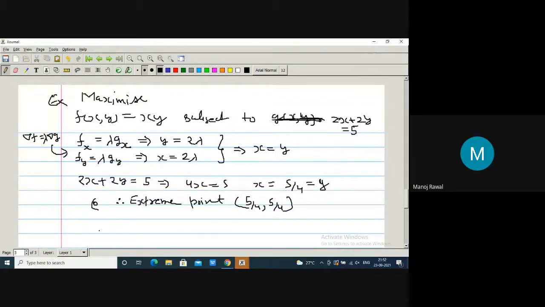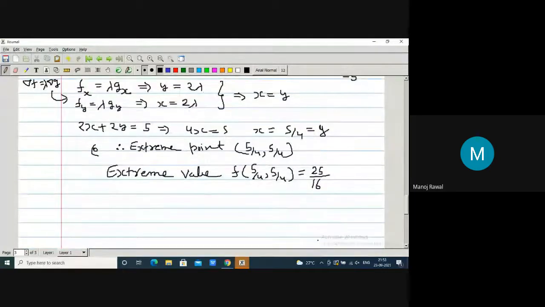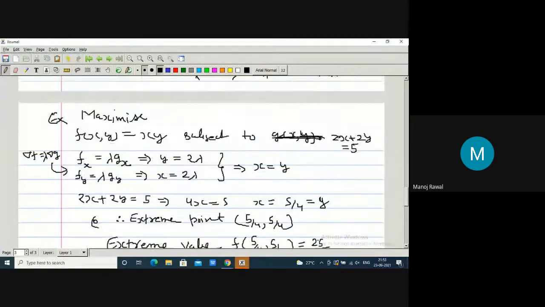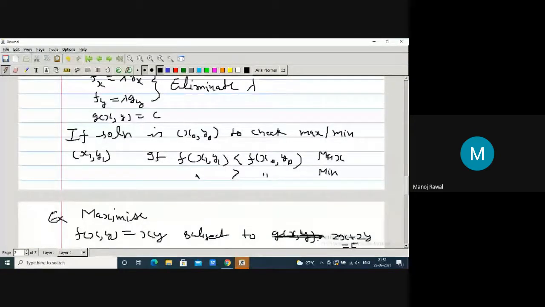Okay, so the extreme value is going to be f(5/4, 5/4), and that is coming out to be 25 upon 16.